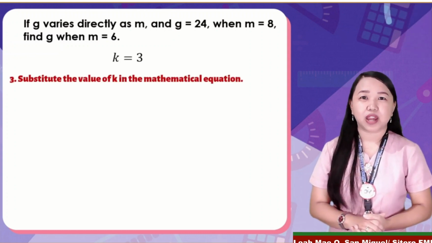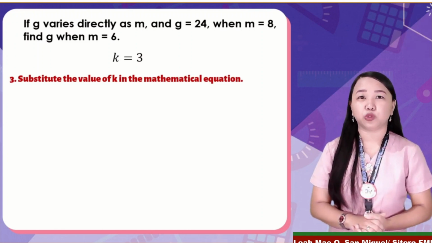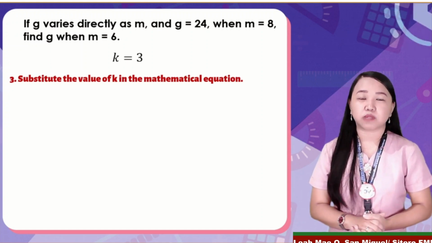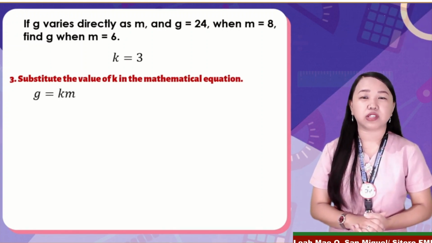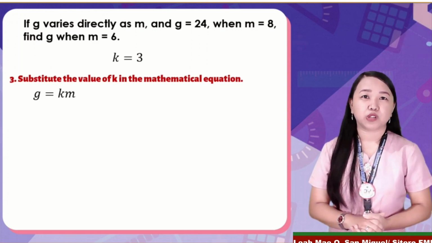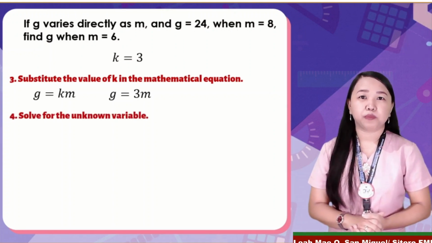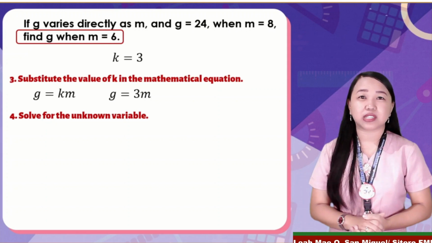Third step, rewrite the mathematical equation by substituting the value of k we got in step 2, which is 3, with the first mathematical equation we have in step 1, which is g is equal to km. So we have g is equal to 3m. Fourth step, solve for the unknown variable in the problem, which is g.